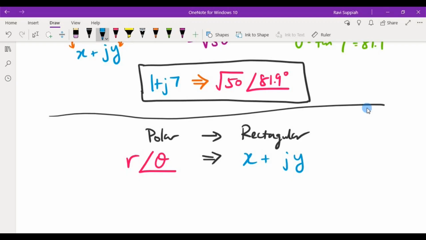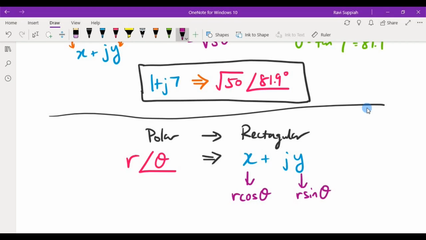So I must be able to derive x and y given r and theta, and the formula is that x is r cosine theta and y is r sine theta.